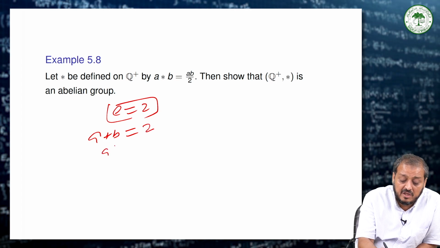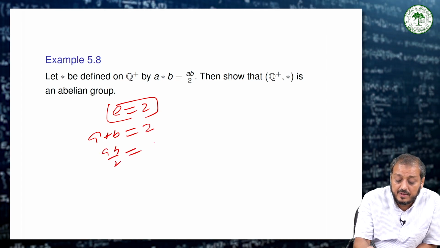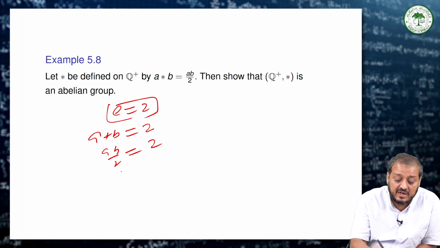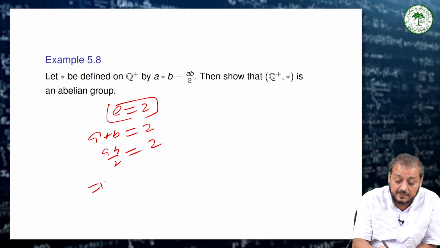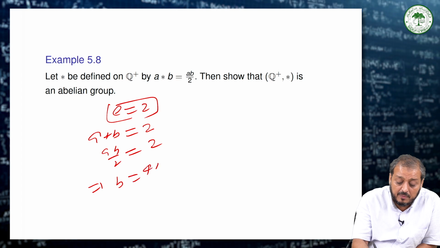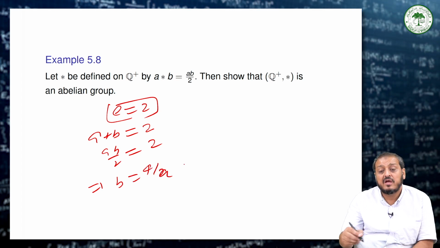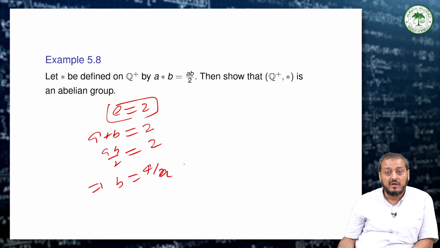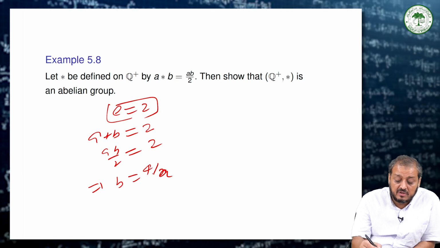By the definition, AB by 2 is equal to 2. So B is equal to 4 by A, because A is a positive rational number, so we can divide by A clearly.